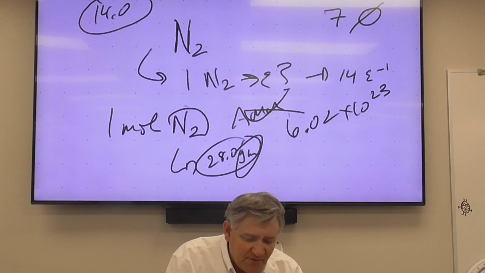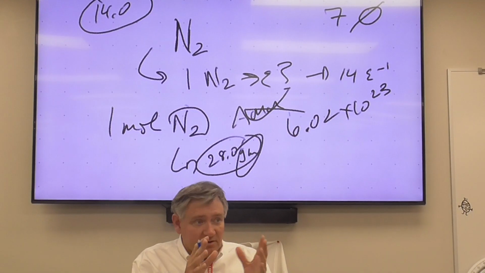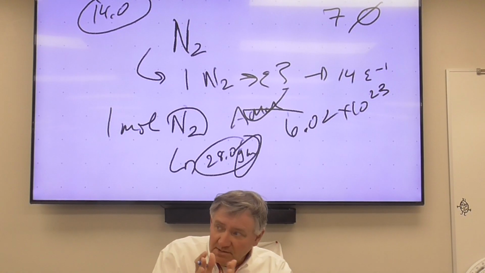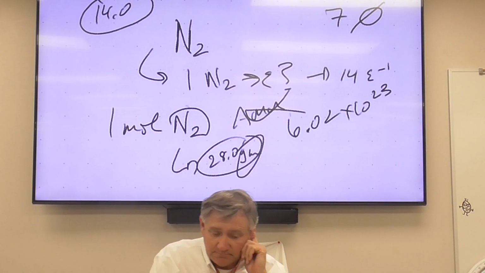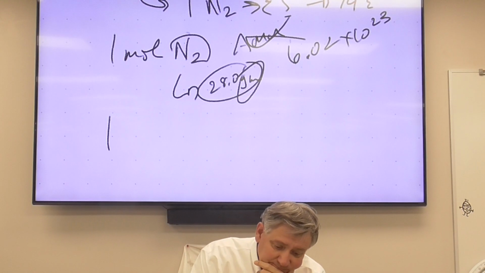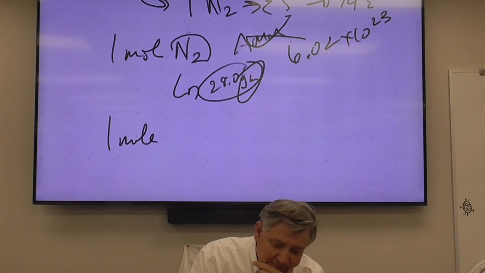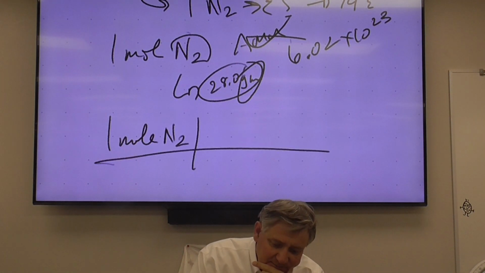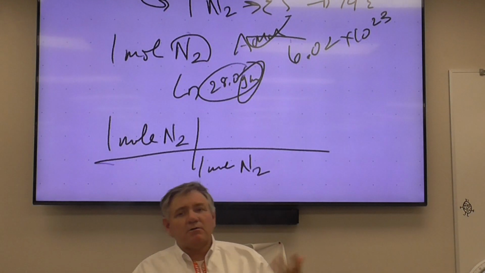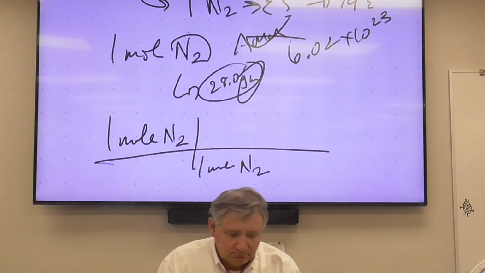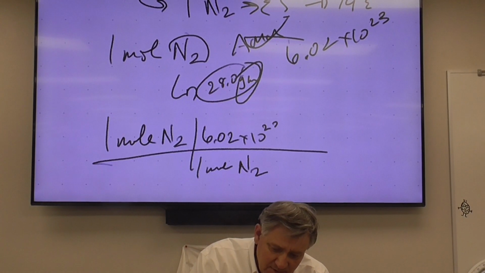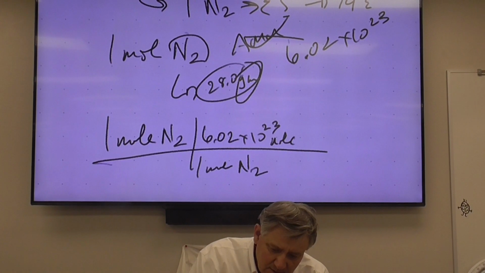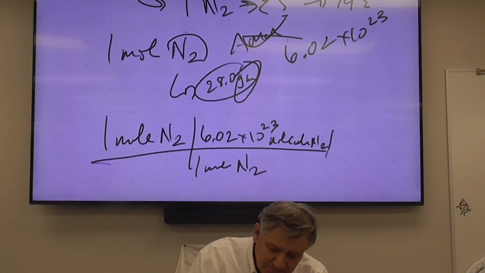So, if I want to find the total charge on all the electrons in 1 mole of nitrogen gas, start with this. This is just a conversion problem. You have 1 mole of nitrogen gas. 1 mole of nitrogen gas is going to contain how many molecules of nitrogen? 6.02 times 10 to the 23rd molecules of nitrogen.